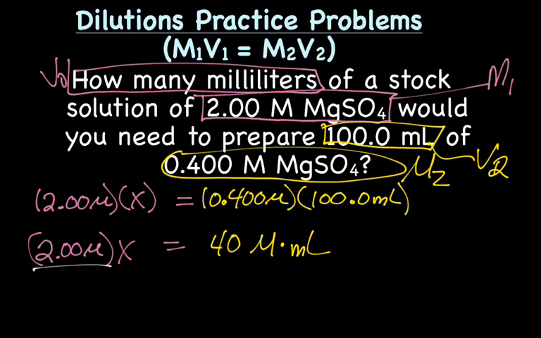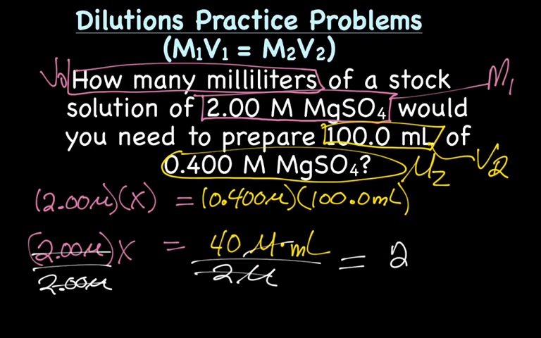Then, to get the X by itself, divide both sides by 2 molar, giving us 20 milliliters. So you'll take 20 milliliters of our stock solution and put it into a graduated cylinder, but you want a total of 100 milliliters of solution, right? So the rest would be water, in this case 80 milliliters.